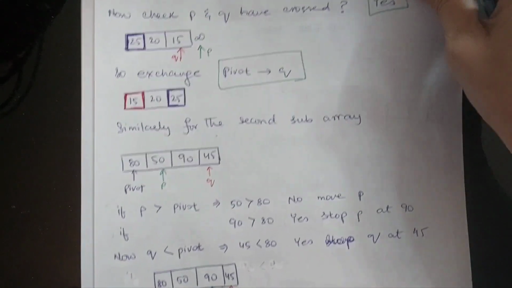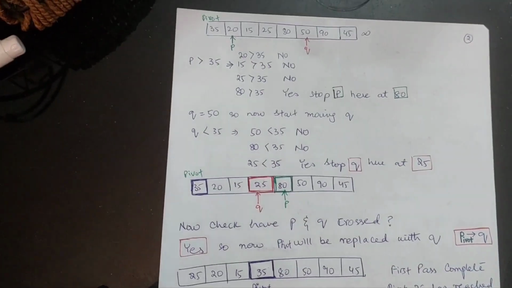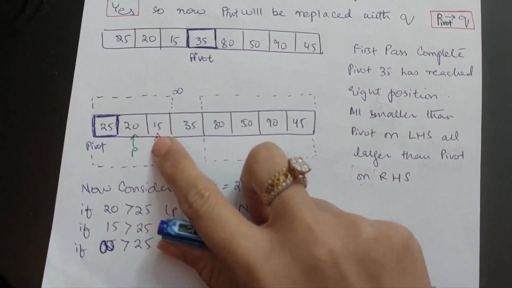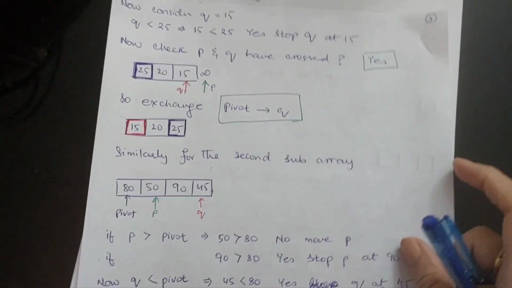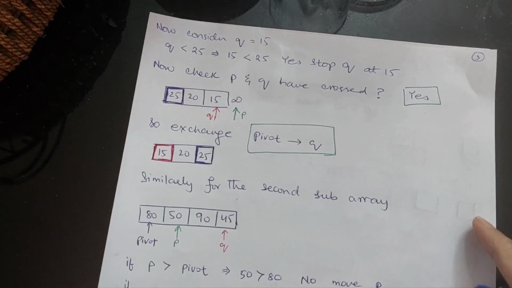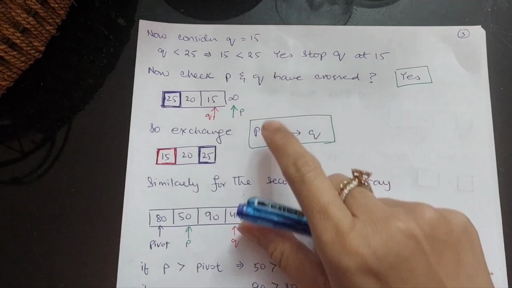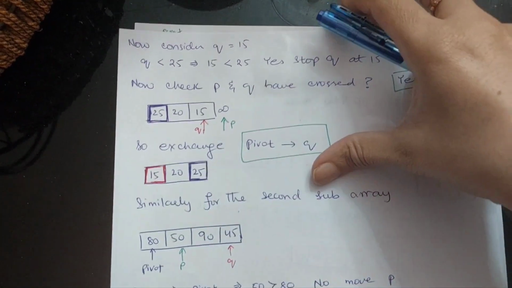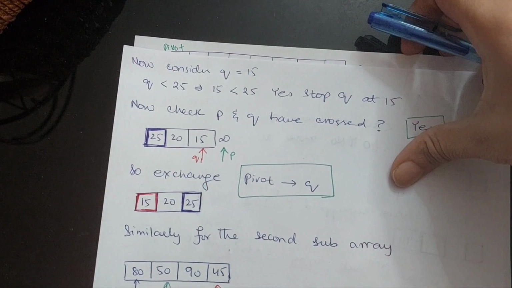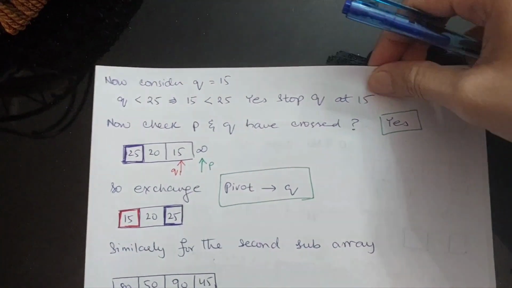You can see that your q was on 15 and your pivot was 25, so that is why I'm saying let's compare 25 with q. So 15 is smaller than 25. Yes, this condition is true. So we will stop q at 15 because the stopping condition has been met.